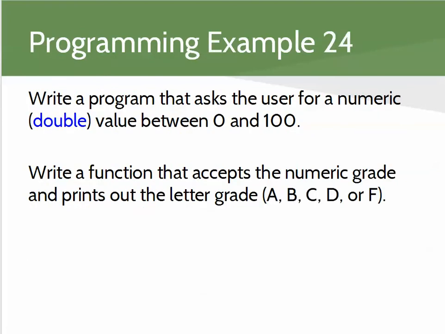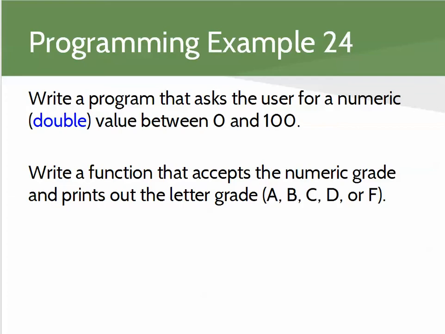Okay, so I want to go through an example of using void functions, and this will just be a function that accepts a numeric grade. So I'm going to write a program that asks the user for a numeric double value between 0 and 100. You might remember this, we've done a similar problem before we looked at functions. This is just breaking this up into two separate functions instead of one.